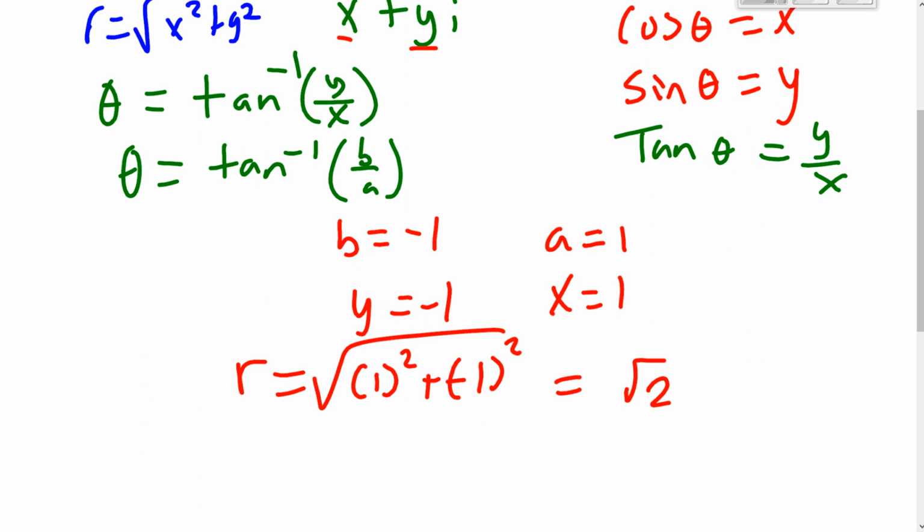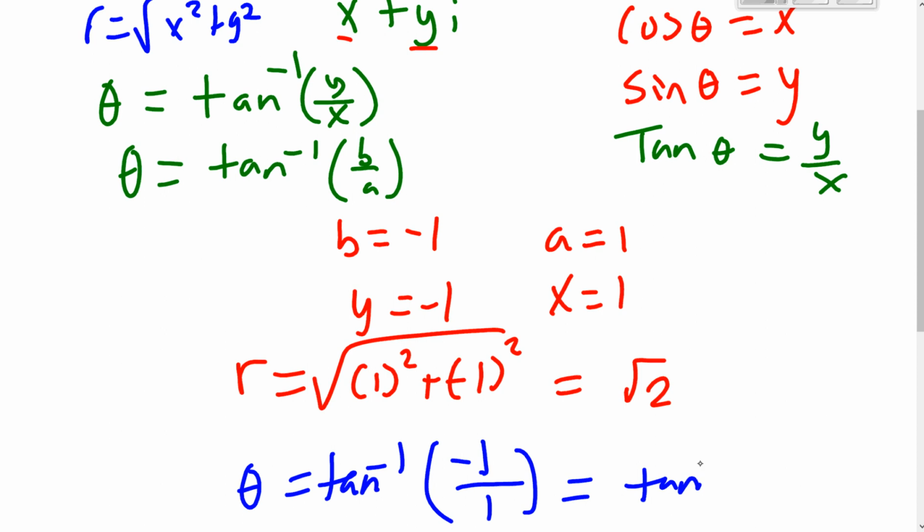Then we need our theta. Our theta is the tan inverse of b over a, or y over x, same thing. So I take -1 over 1, and then I take the tan inverse of that, and that will give me my theta. So where is tangent -1? Tangent is negative in the second quadrant and the fourth quadrant.